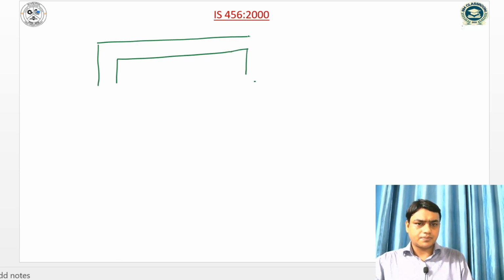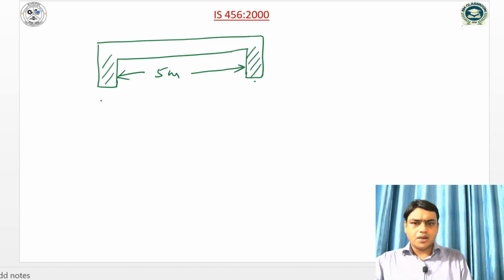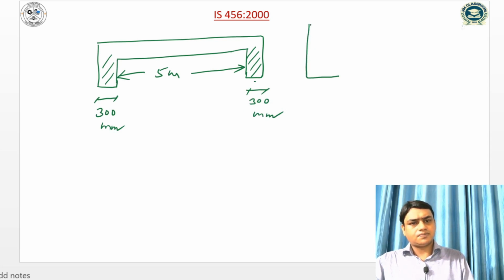So let us assume this is our simply supported beam, and the clear span is given as 5 meter, and the width of the support is 300 mm. This is also 300 mm, and the cross section of the beam is given.